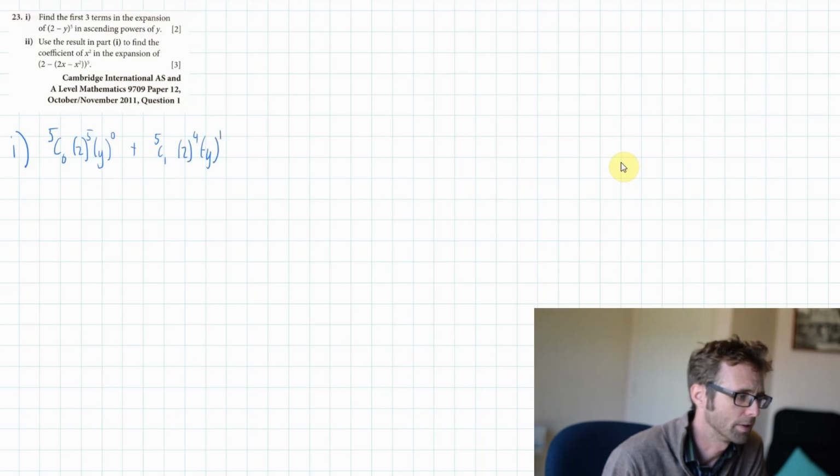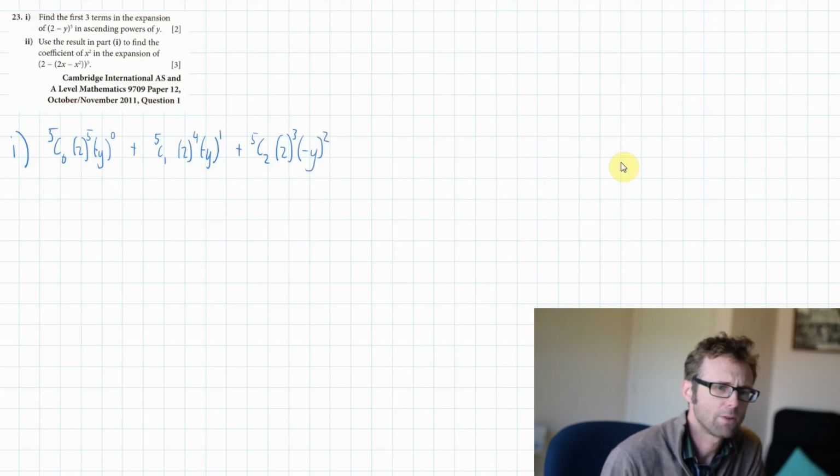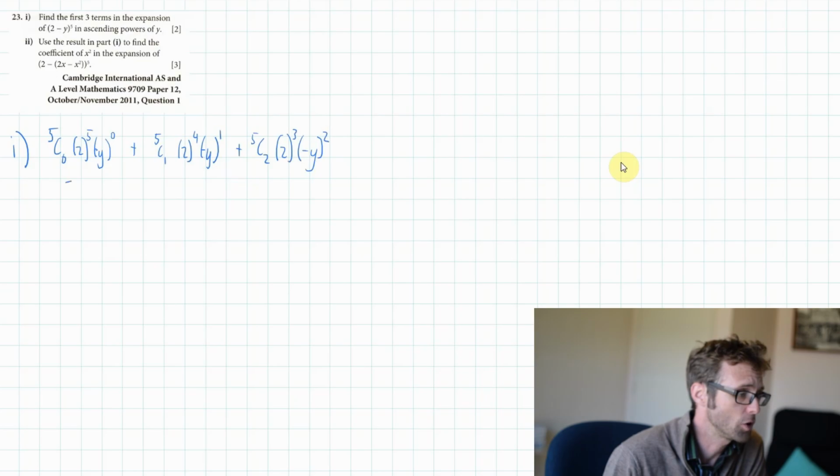It's a minus there. Okay, and then my third term is 5 choose 2, 2 to the power of 3, minus y all squared. And when we simplify this, 5 choose 0 is 1, so I'm going to get 2 to the power of 5 for my first term, which is 32.